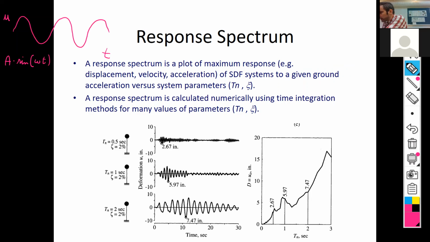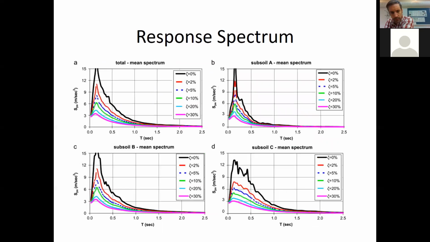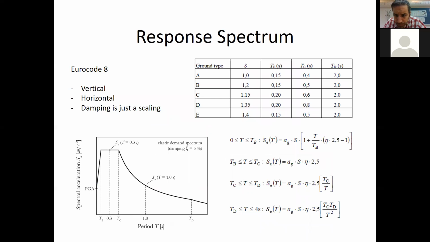Wait, there is a question now. This response, did you mean the specific type of soil at a certain period T? No. The period T is the period of the structure, always, right?